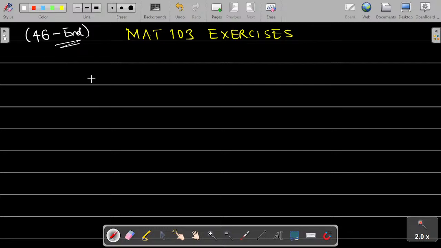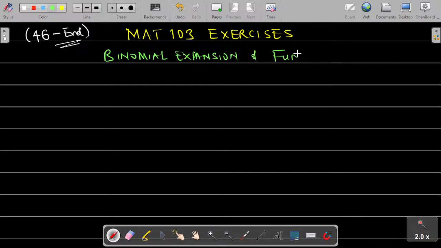So we're starting with the first question, which is 46. And remember, like I said, this section is going to cover binomial expansion and functions, which is the last topic.